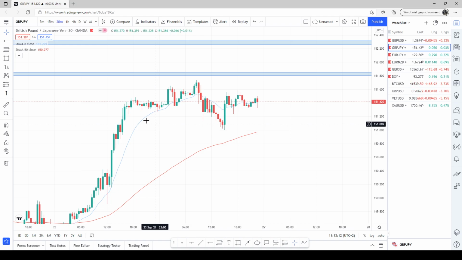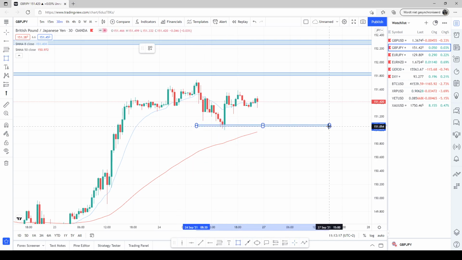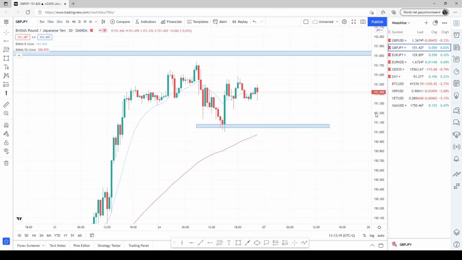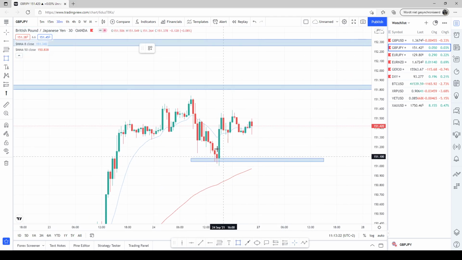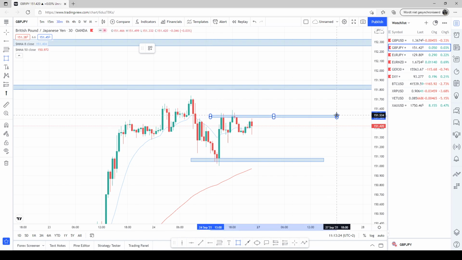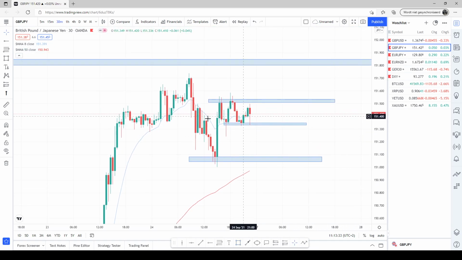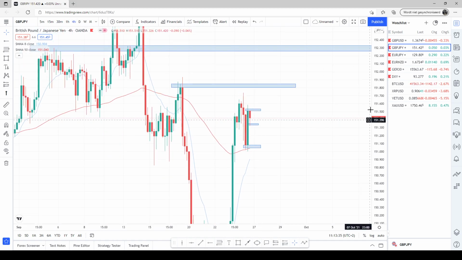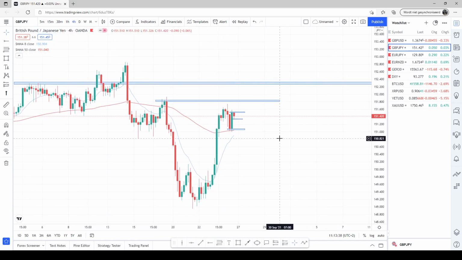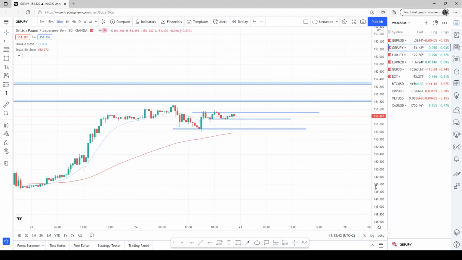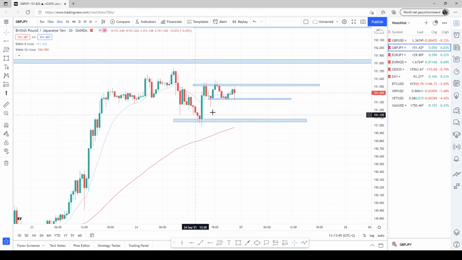So for the 30-minute time frame, you see we have a beautiful support area over here, and we have a resistance area over here. You could also say we have a support zone over here, which could be a valid trade, but for my style it would be too high risk.